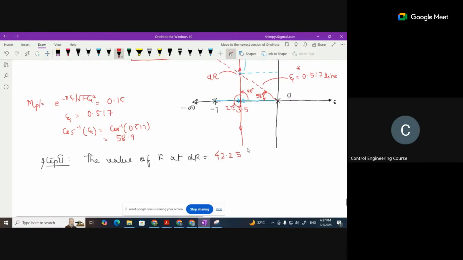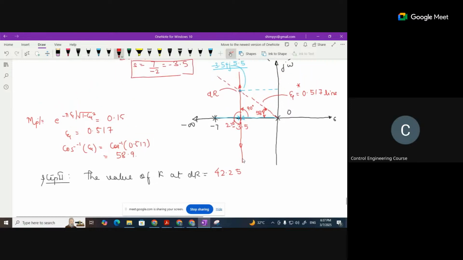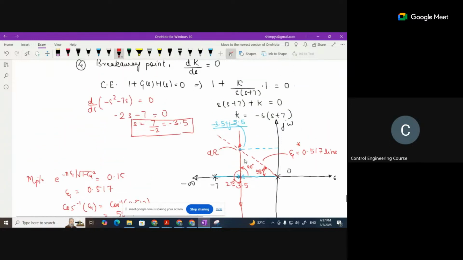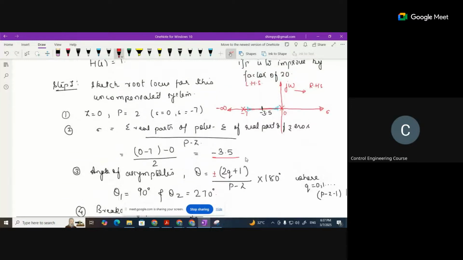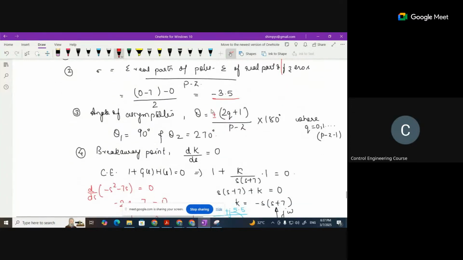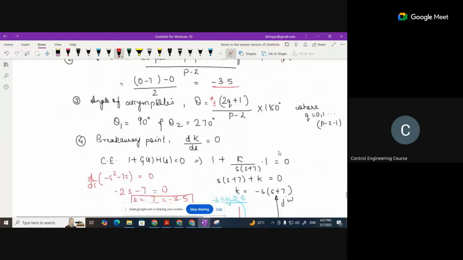Now let us go back and clear your doubts, because you'll have more doubts when I proceed. As Muthu asked me, why are we not using plus minus 2q plus 1 here? You can use both positive and negative, because they represent the direction of the root locus.